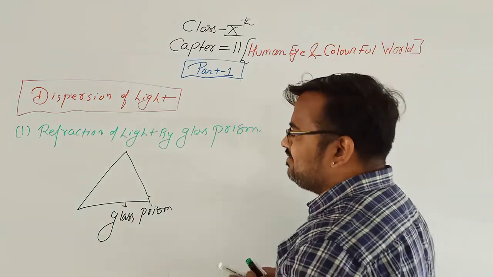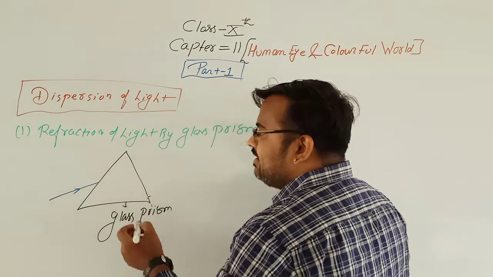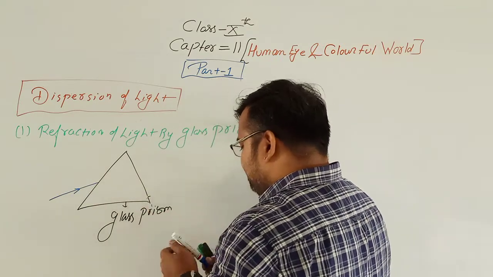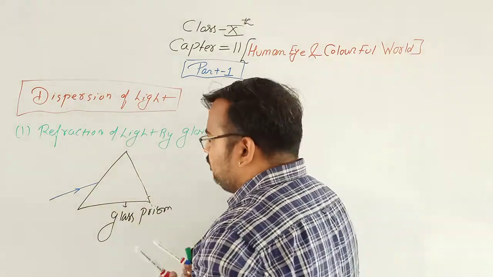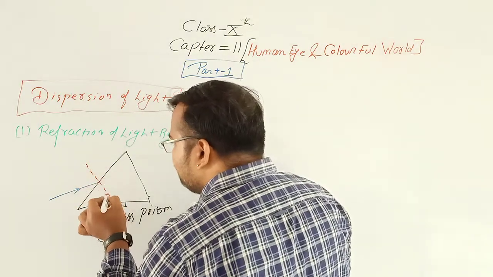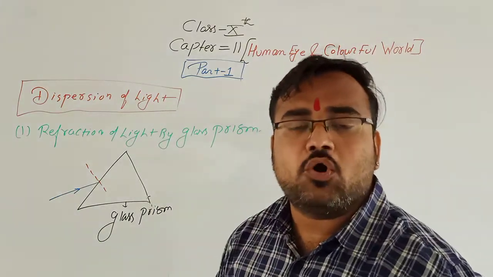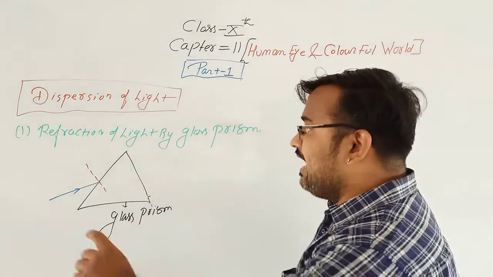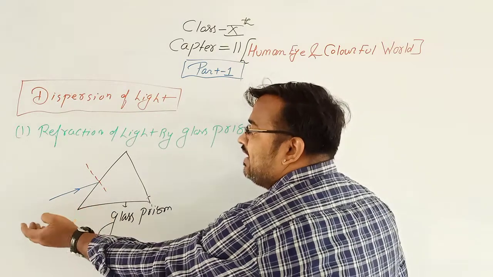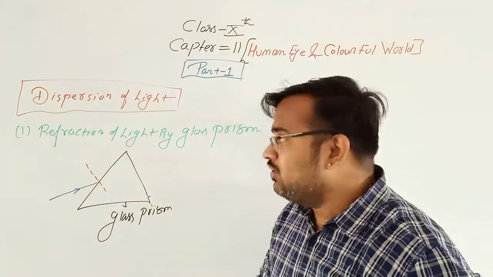Now we'll see how the incident ray is refracted by a glass prism. Suppose, for example, this is an incident ray and this is a normal. We will draw a normal perpendicular to this. Now, as we have seen the rules of refraction, according to our first rule, when the light travels from rare medium to denser medium.